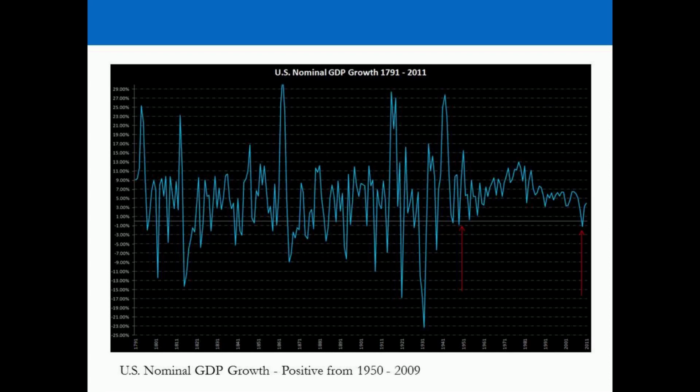Okay, let's get some GDP appreciation for the United States. Nominal GDP from 1791 to 2011. Goes positive, early 1950s. Goes negative, 2008, 2009.